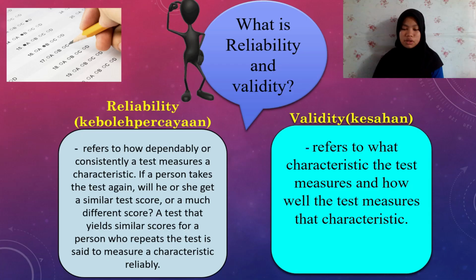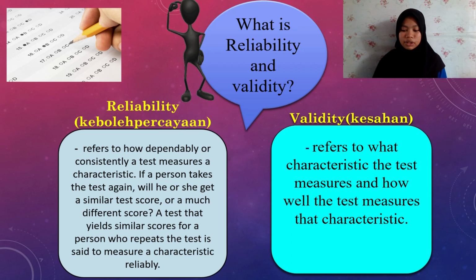First of all, before we go through the question about three differences between reliability and validity, we have to know what validity means and what reliability means. Reliability refers to how dependably or consistently a test measures a characteristic.